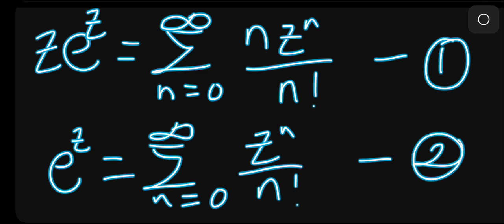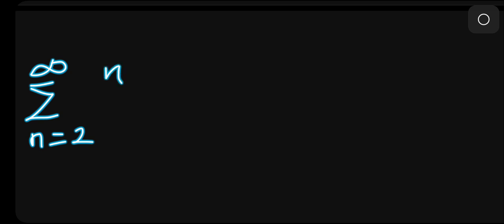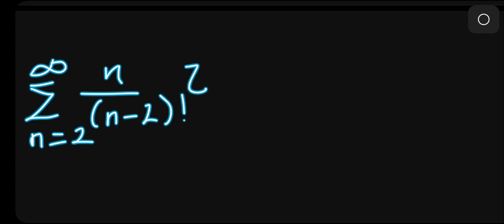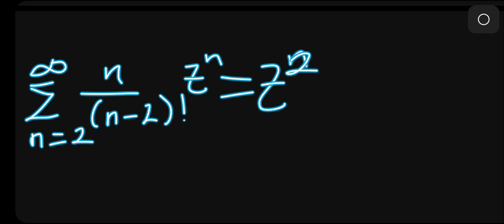So we can actually prove that the sum from n equals 2 all the way to infinite of n on n minus 2 factorial z power n equals z squared e power z.